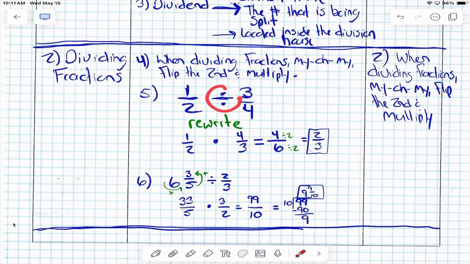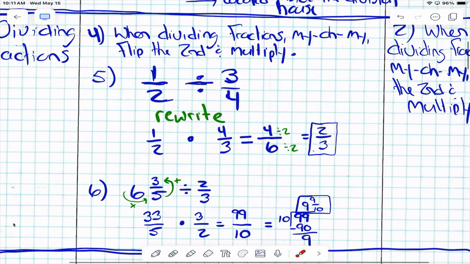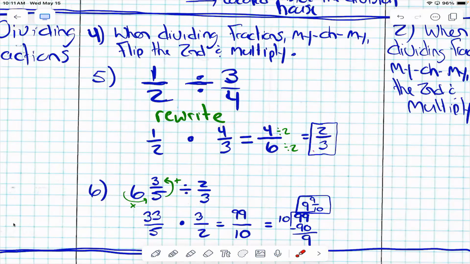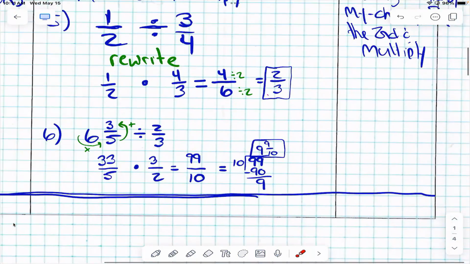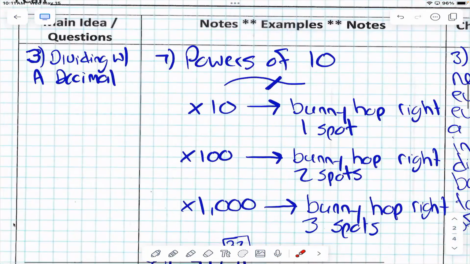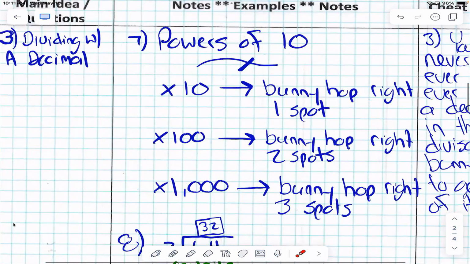We're going to change the division sign to a multiplication sign, and then we're going to solve this problem right here. We're going to multiply fractions, which you guys know how to do, yes? If you have a mixed number, what do you have to do with the mixed number before? You can't solve with a mixed number, can you? No.